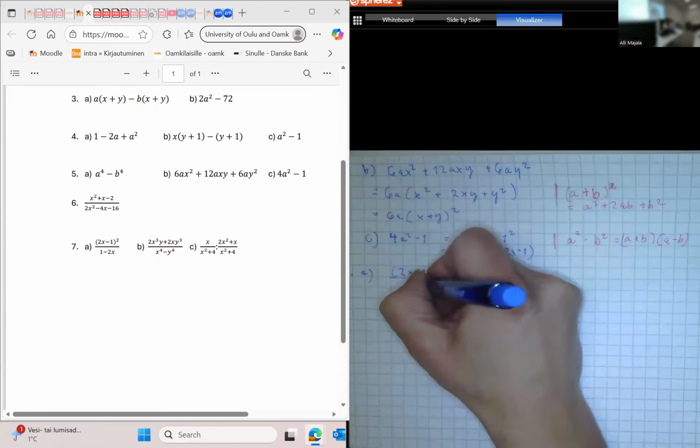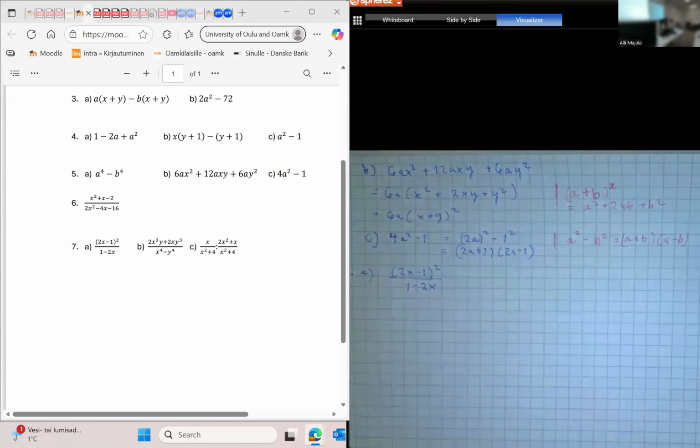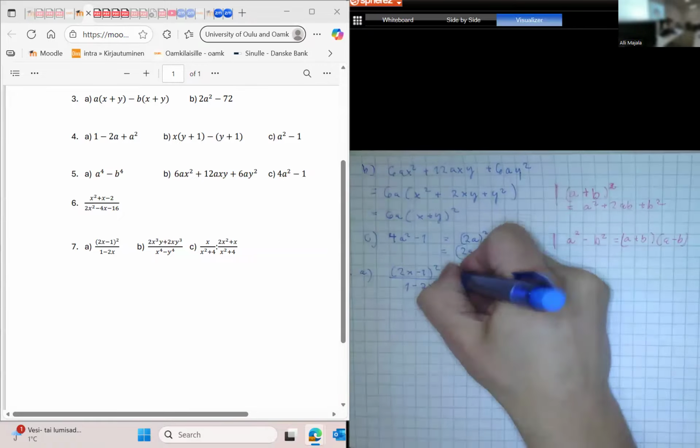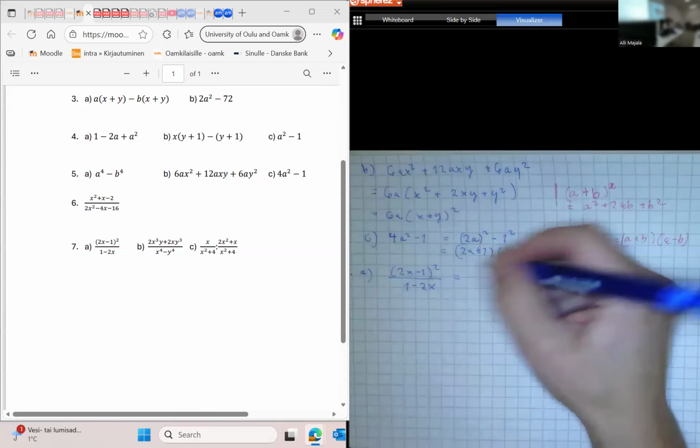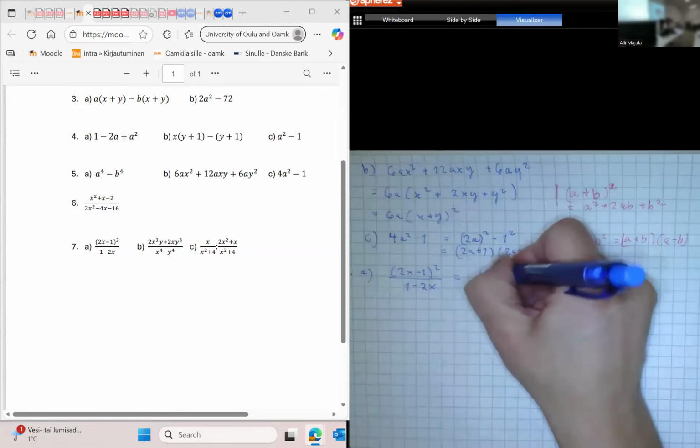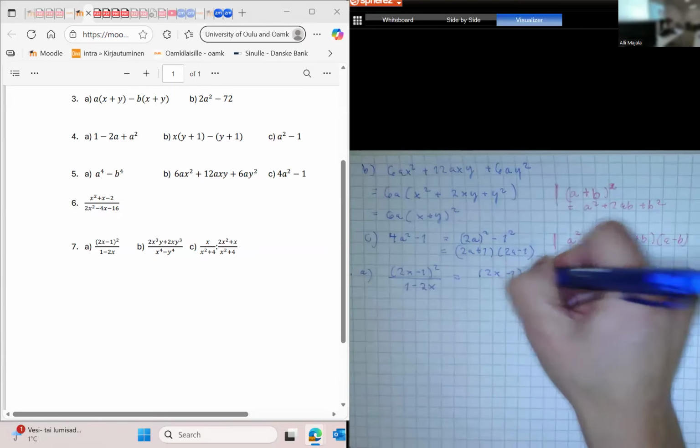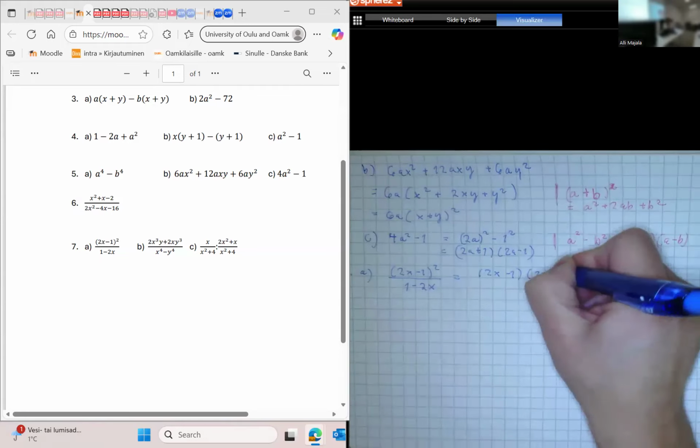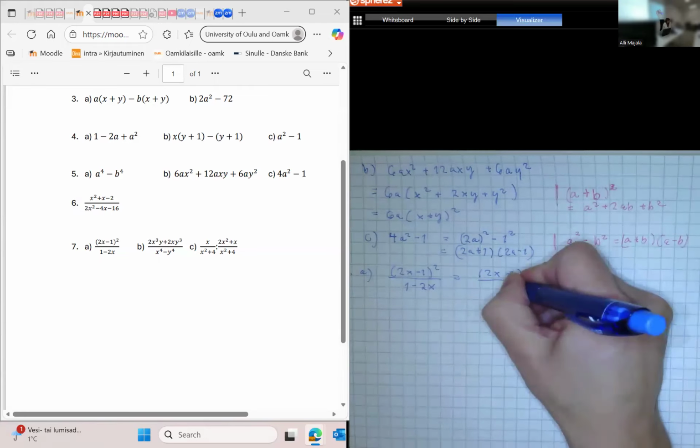One minus 2x. What am I supposed to do here? I can just take a multiplier. So I would have this.